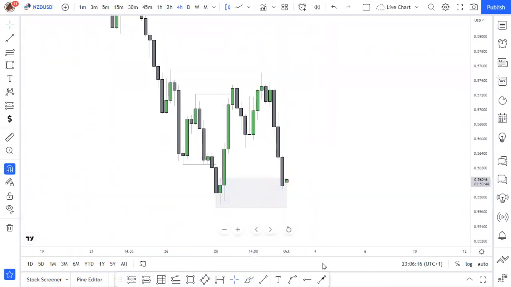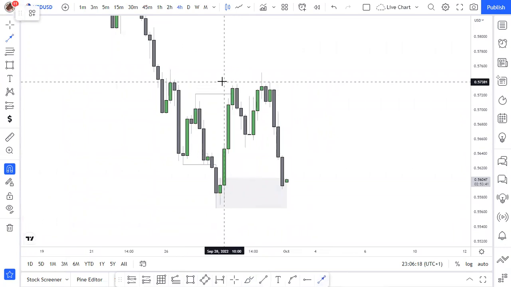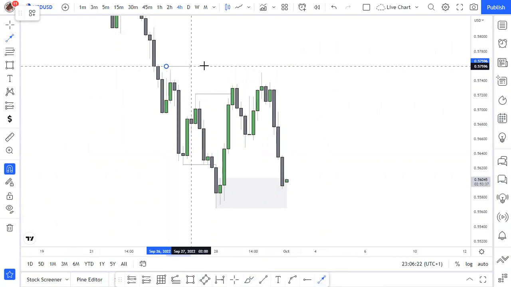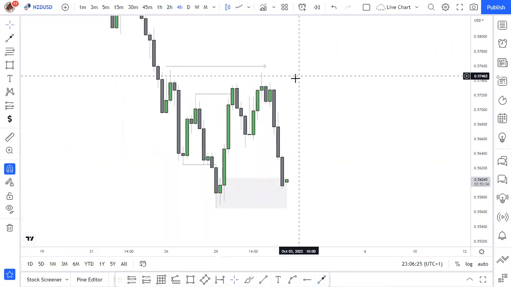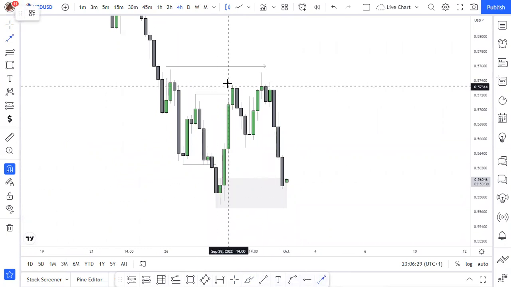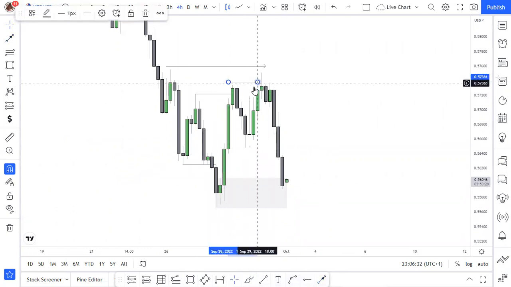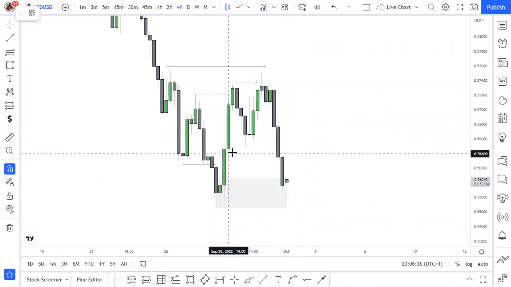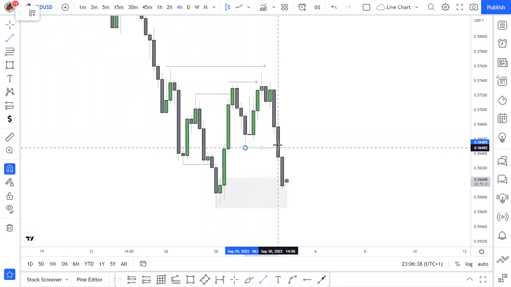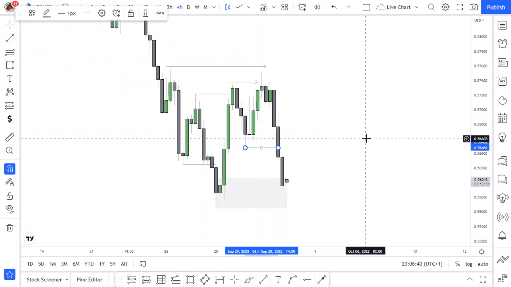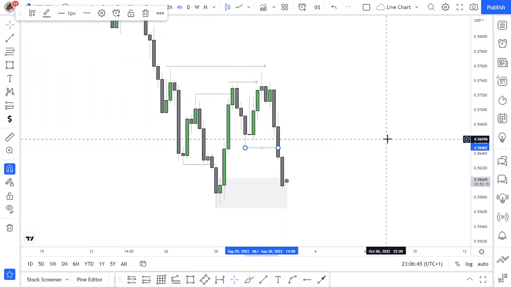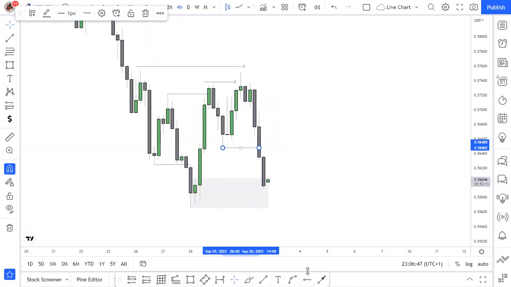And then we had a sweep of liquidity somewhere up here. We have buy side liquidity above us, which is a good thing, and we had a sweep of liquidity here. That's price making a run for this side. And then we have a break of structure. So this to me is looking like a bullish 4 hour structure and then a bearish 4 hour order flow.